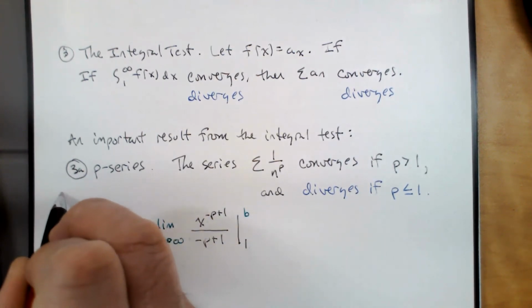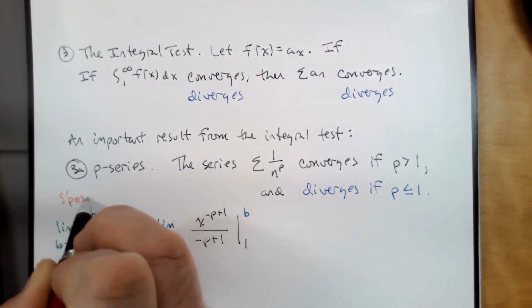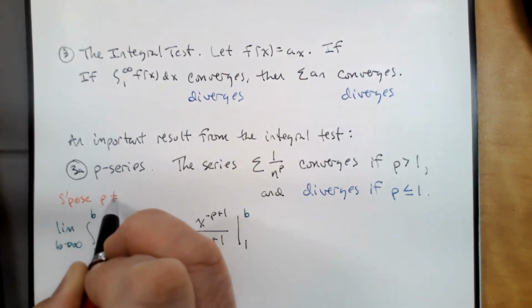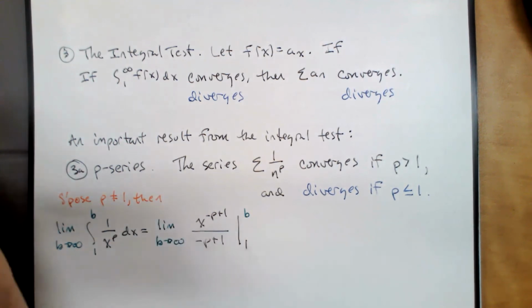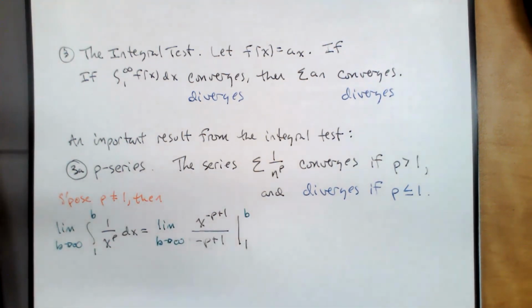Suppose p is not 1, so we can do this. Then we start doing our improper integral. Since p is not 1, we can add 1 to the exponent and divide by the new exponent. Dividing by the new exponent is not the relevant bit here. That's just a constant.